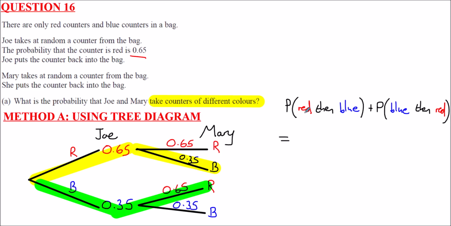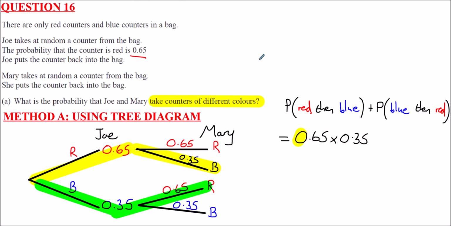So probability of red then blue is 0.65 and blue is 0.35. So it would mean Joe picks a red and Mary picks a blue. And 'and' often works as a multiplying probability. So we multiply these two together for this first route.